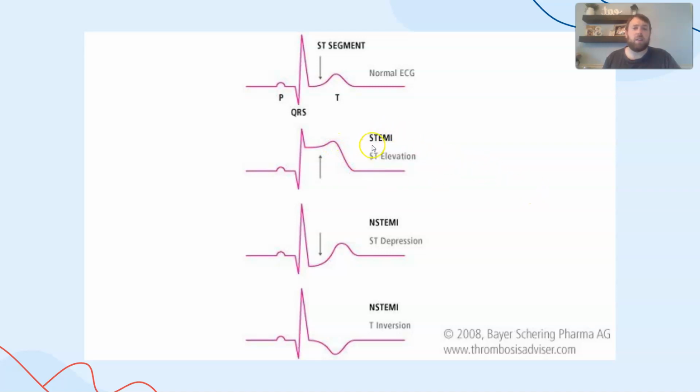In fact, we literally call this a STEMI because it's the ST elevation myocardial infarction, meaning that this person has had a heart attack that was a complete blockage, and this heart is having trouble getting back to normal after the QRS wave, after the ventricle contraction.